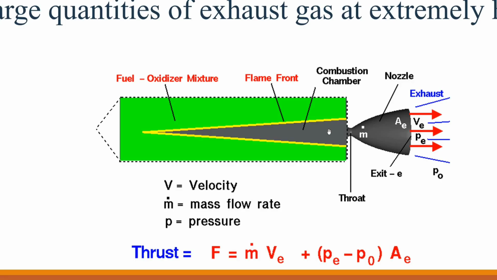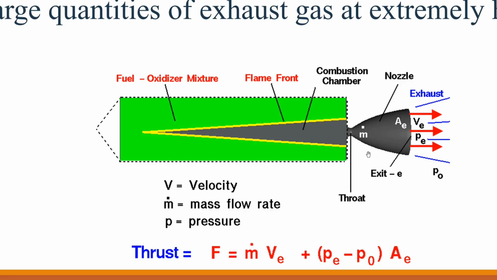The thrust produced by a solid rocket engine depends strongly on the design of its nozzle. The smallest cross-sectional area of the nozzle is called the throat. At the throat, the exhaust flow becomes choked, meaning the Mach number reaches a value of 1.0. Under these conditions, the mass flow rate, written as m dot, is determined by the throat area.